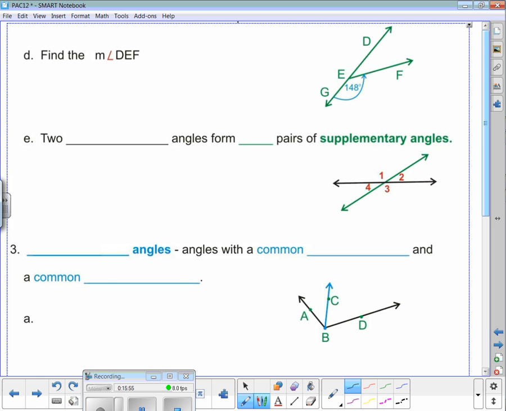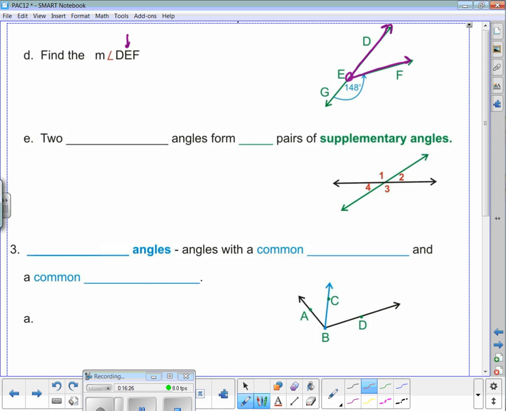So what is the measure of angle DEF? First off, you have to know where angle DEF is. Hey, remember, the vertex is always in the middle, right? So this is the vertex. D is a point along one ray, and F is a point along the other ray. So I'm looking for that angle. So I look at this and say, oh, that's the common example of supplementary angles. Therefore, angle DEF must be the supplement to the angle given.